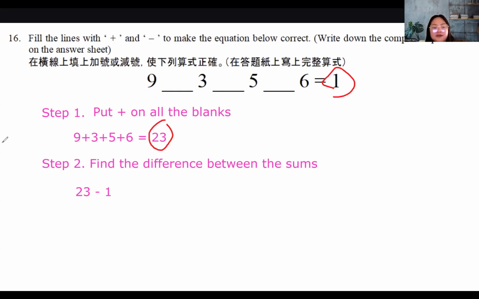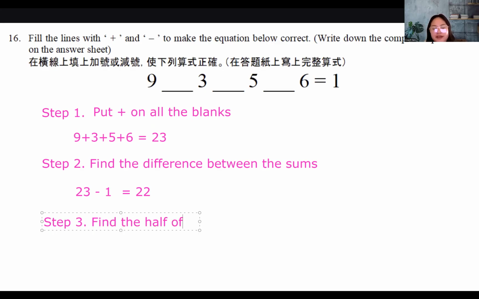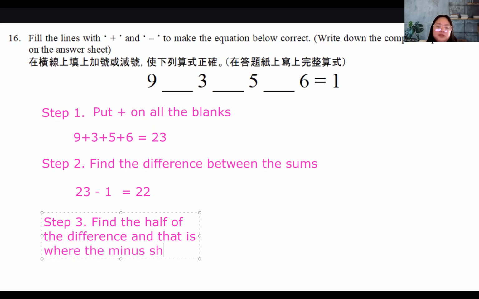Get it? Okay. Now the difference between that is 22. Now, step 3, find the half of the difference, and that is where the minus should be.